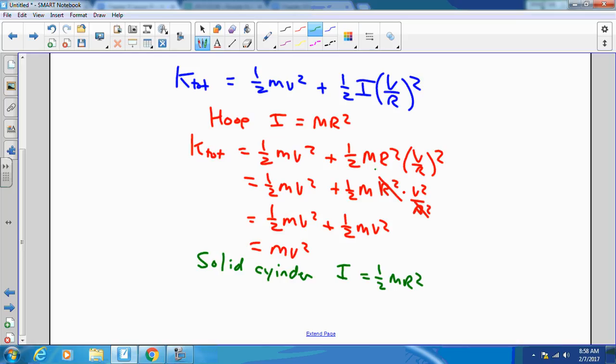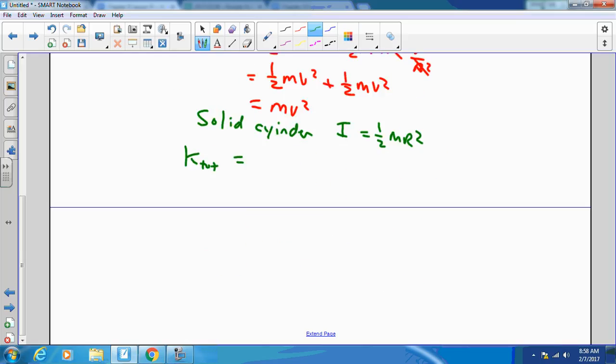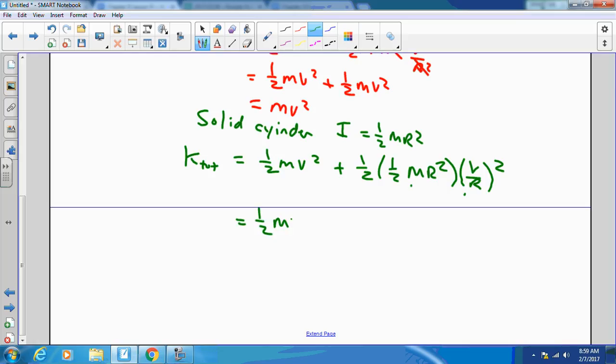And because of that, when I substitute into the expression for K total, I get my translational component plus my rotational component, 1/2 I omega squared, and this gives me 1/2 mv squared plus now only 1/4 of mv squared.